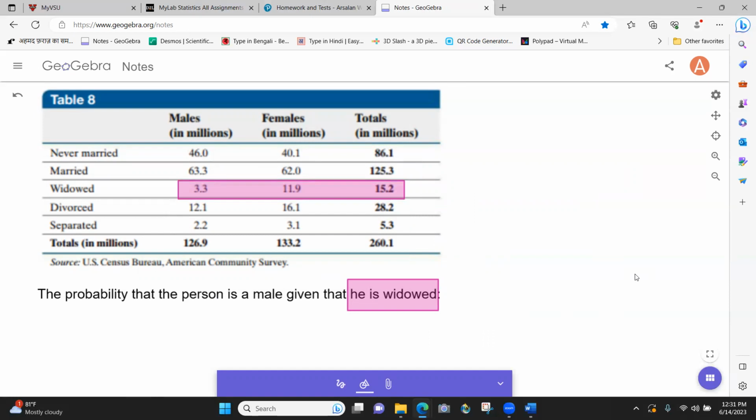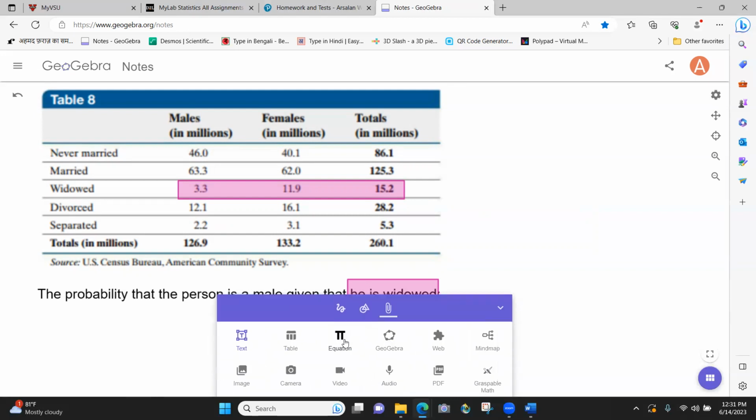The moment I say "given that," that's the symbol that was after the vertical line, okay? So you're only talking about this. Now, what's the probability that the person is a male? You're going to take 3.3 and divide it by 15.2.